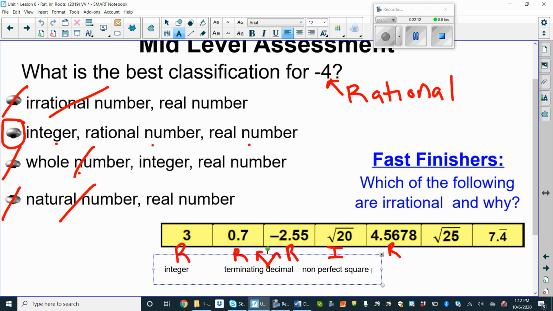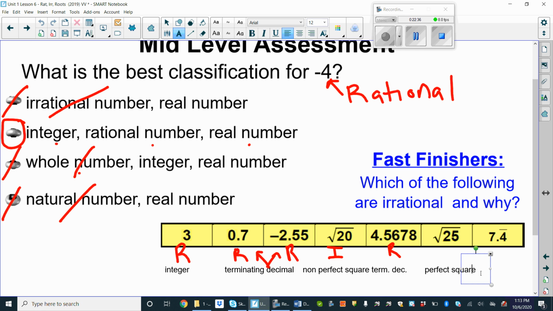And we have the square root of 25. That is rational because it is a perfect square. And last but not least, 7.4 with a line over it.